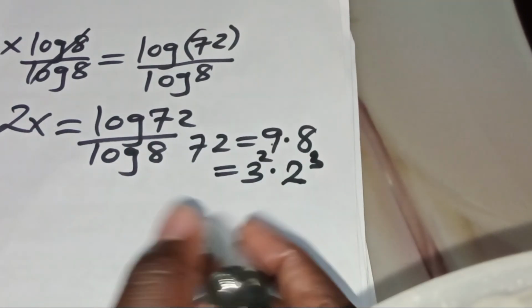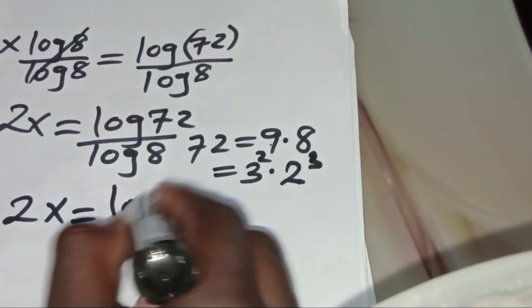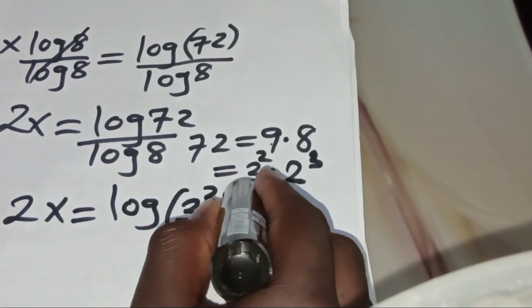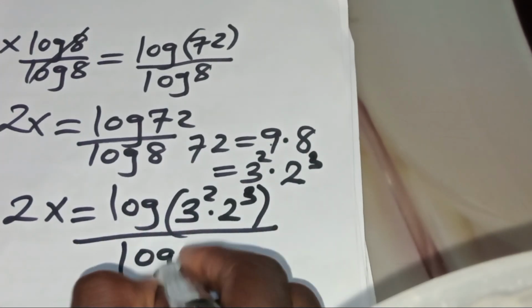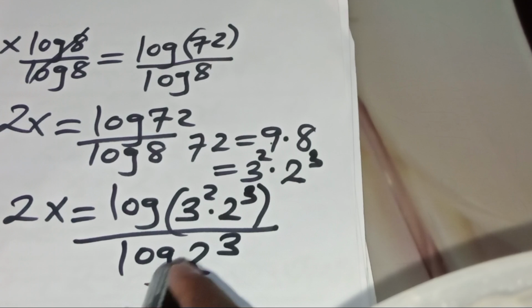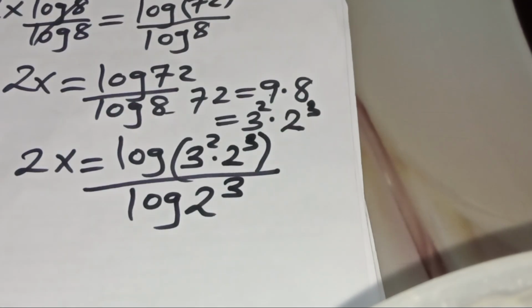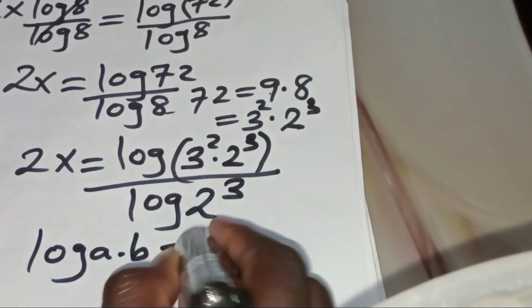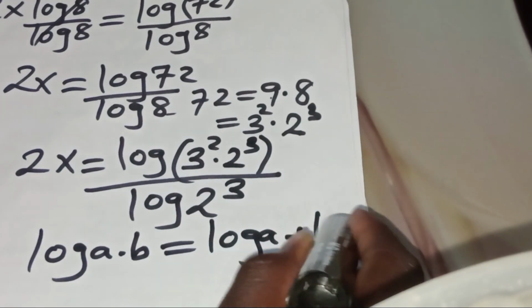Let's substitute this. We'll have 2x equal to log of 3 squared multiplied by 2 to the power 3, divided by log 2 to the power 3. 2 to the power 3 is the same thing as 8. Now log of 3 squared times 2 cubed is in the form of log a multiplied by b, which you can express as log a plus log b.